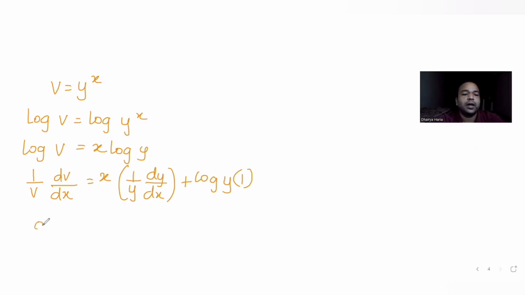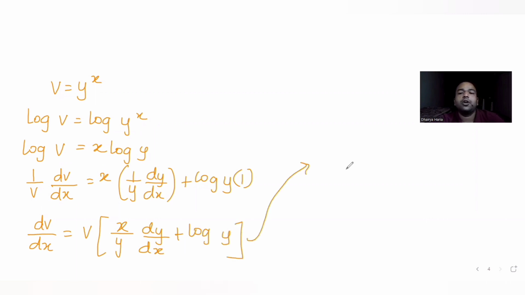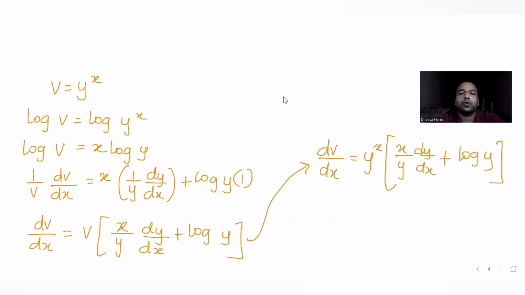So dv by dx equals y raised to x into x by y dy by dx plus log y. So you get dv by dx also here.